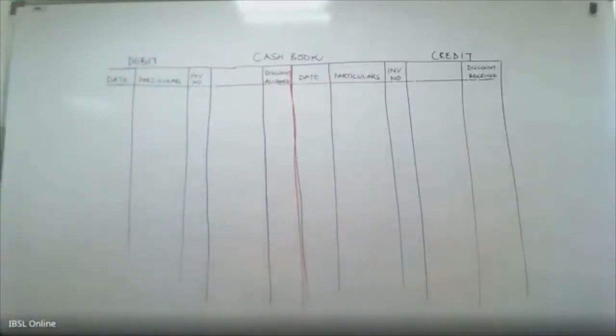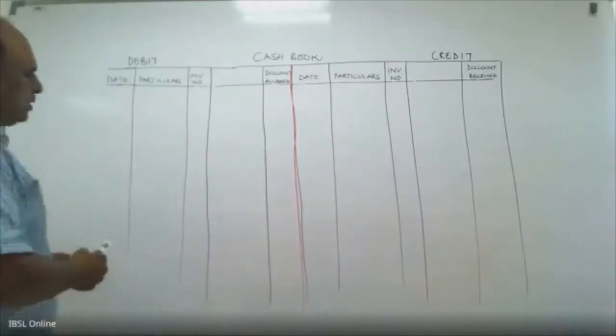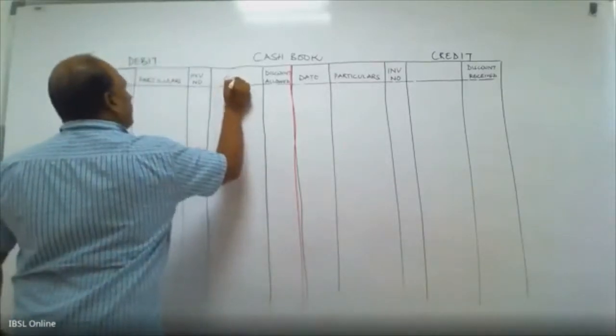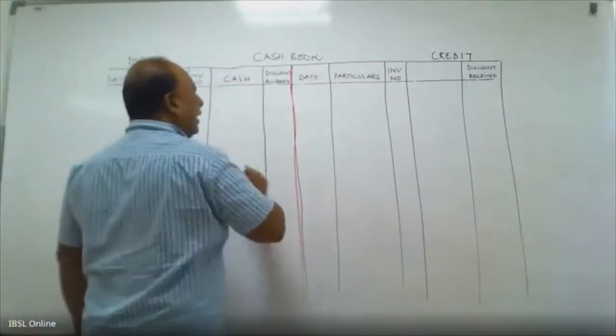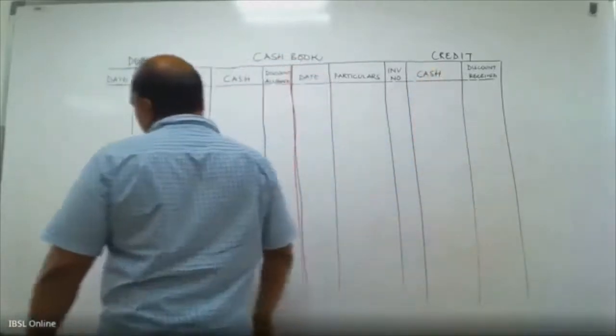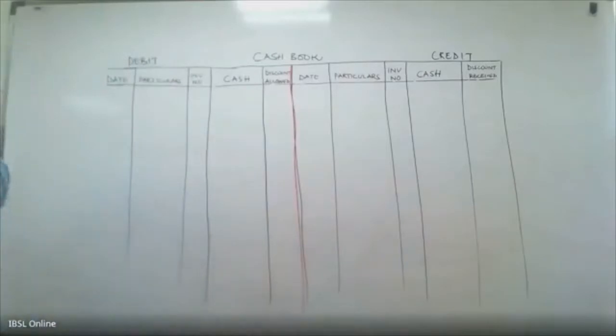Now I spoke about something called double column. Now don't write this, just listen, then when I tell you, you can write. If it is a single column cash book, what it means is, we will name these two columns as cash.